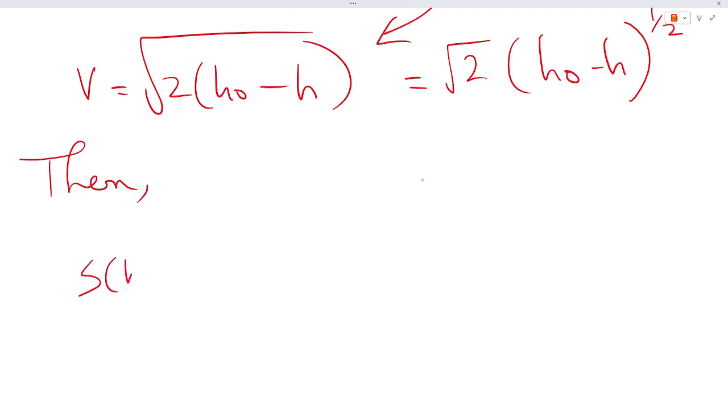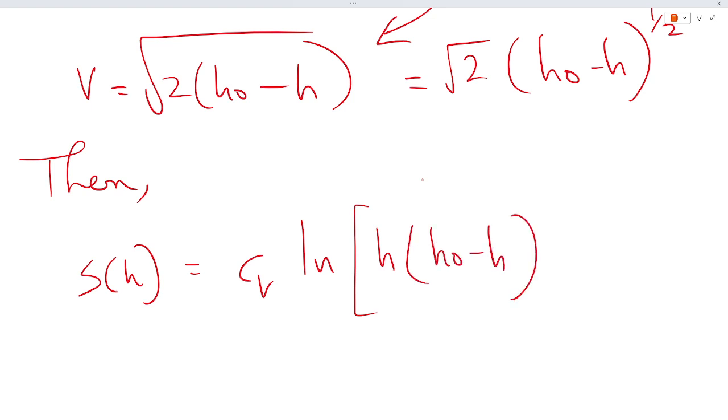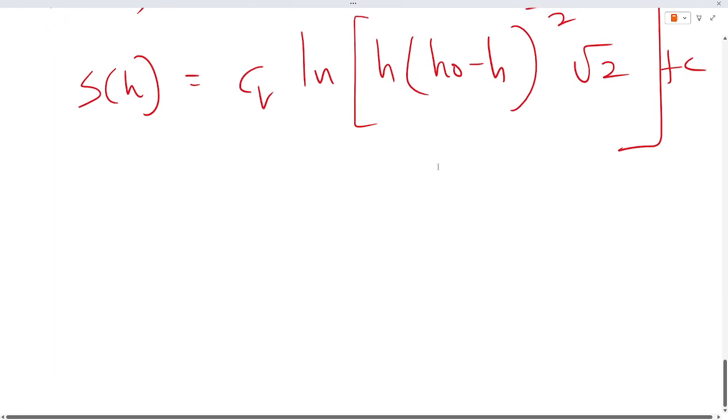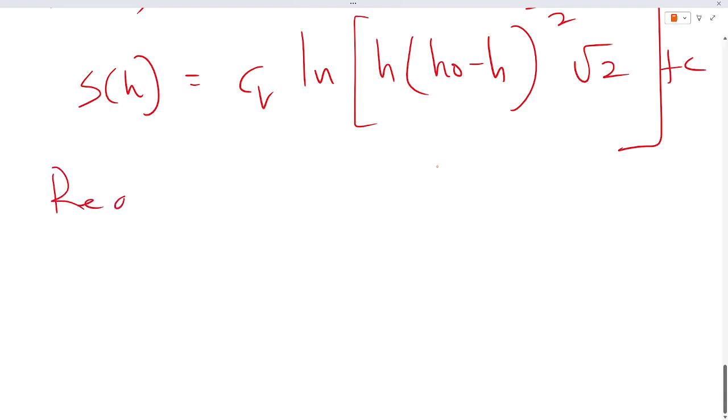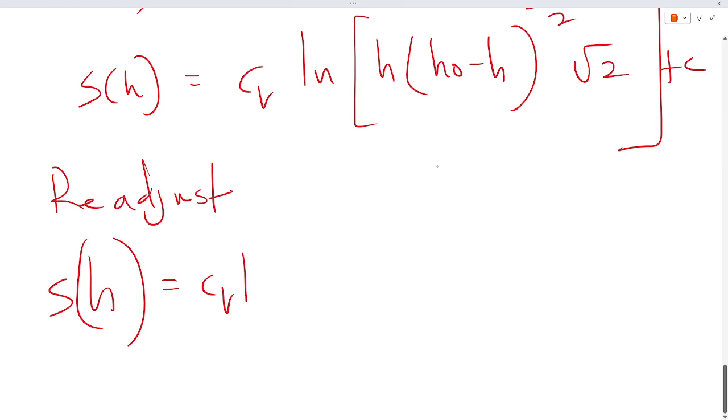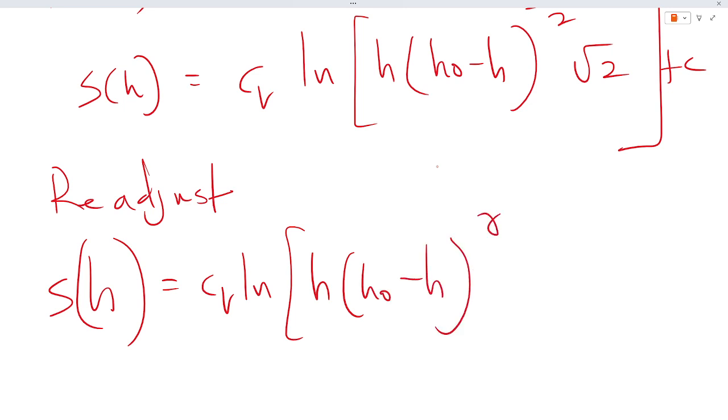Then our S becomes Cv ln of H times (H0 minus H) to the power (gamma minus 1) over 2, to the square root of 2, plus C. And this can be rewritten by saying S equals Cv natural logarithm of (H0 minus H) to the power (gamma minus 1) over 2, plus C1.